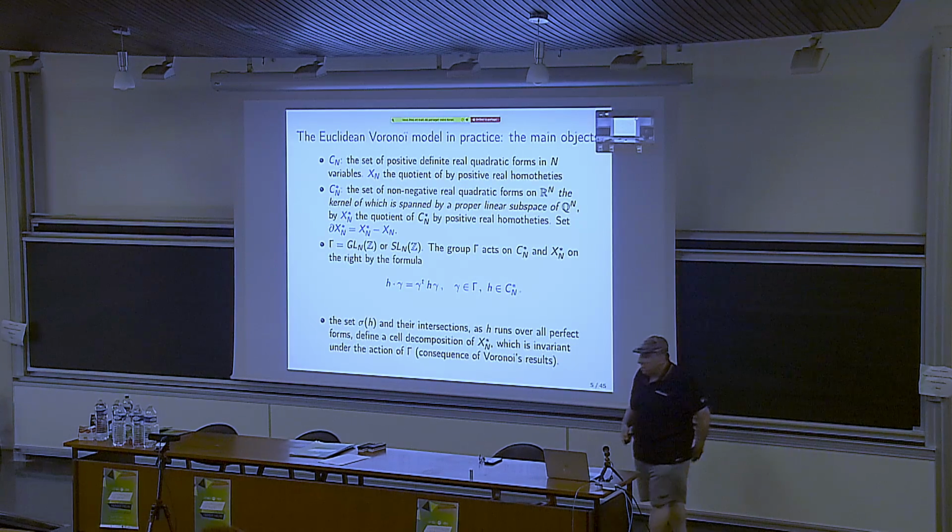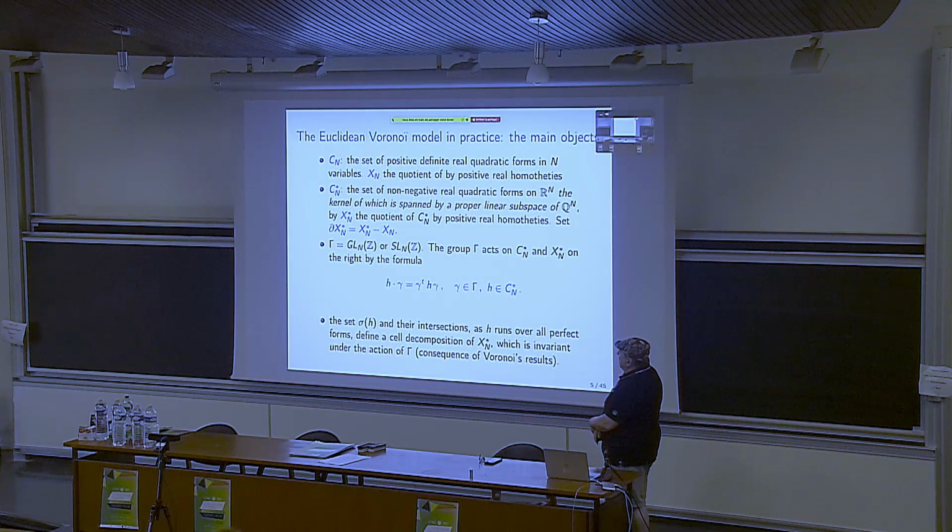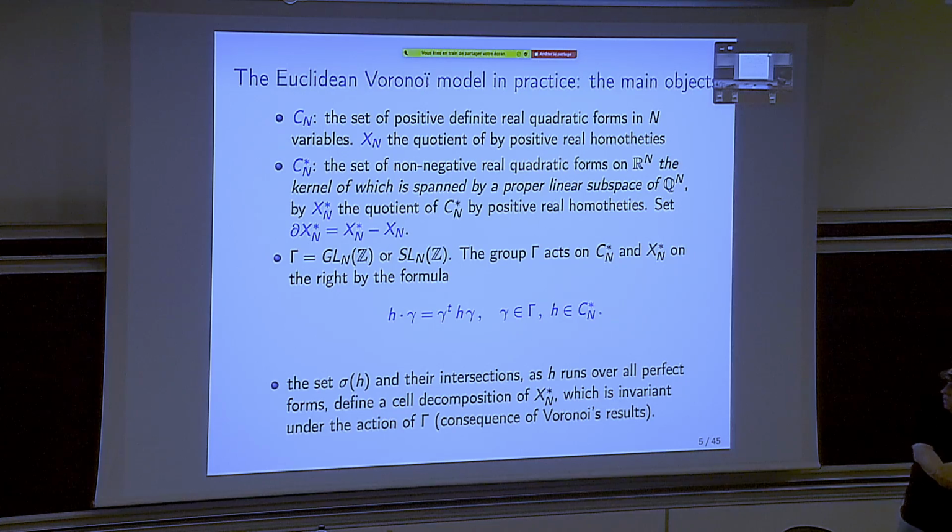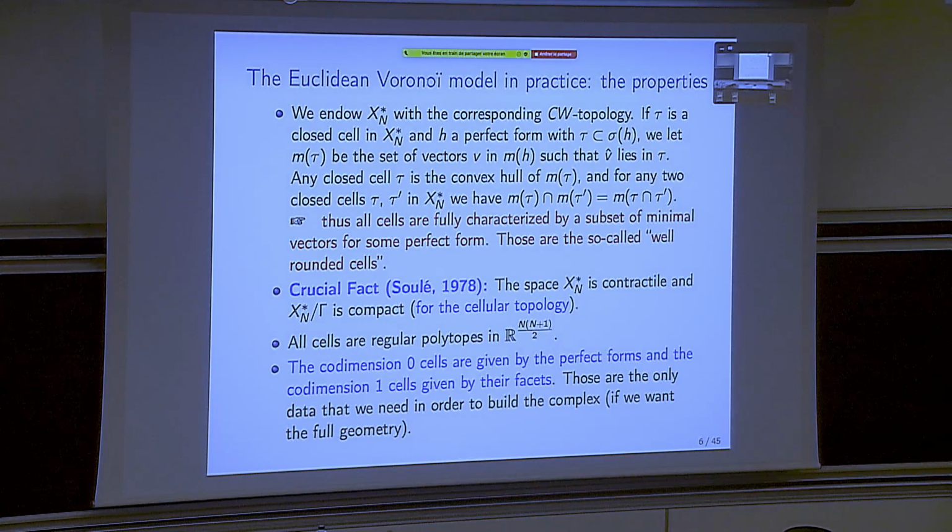Your Xn, do you think of it as if all cells are in R to the n plus 1, n times n plus 1 over 2? Do you think of that space, or of that one up to homothety? No, yeah, up to homothety. Sorry, yes, there is a minus one. Okay.